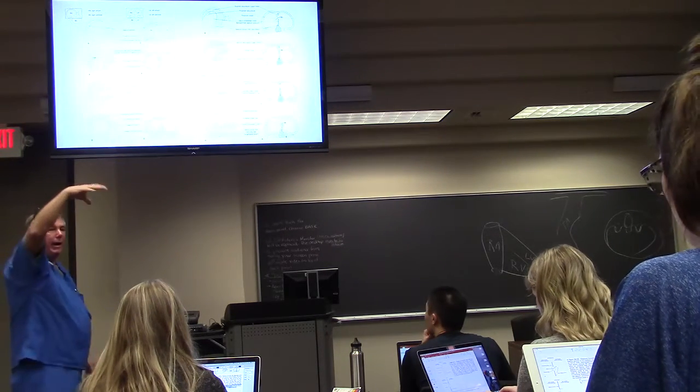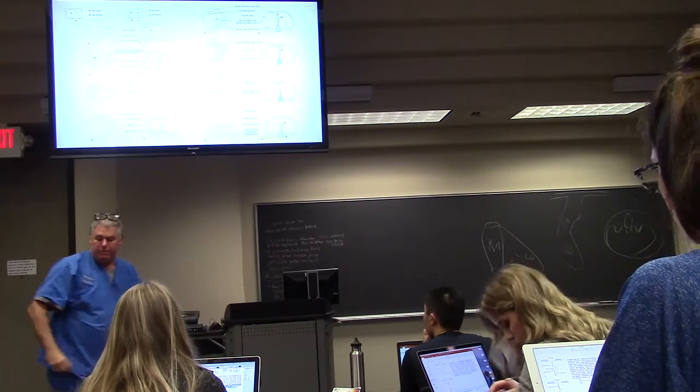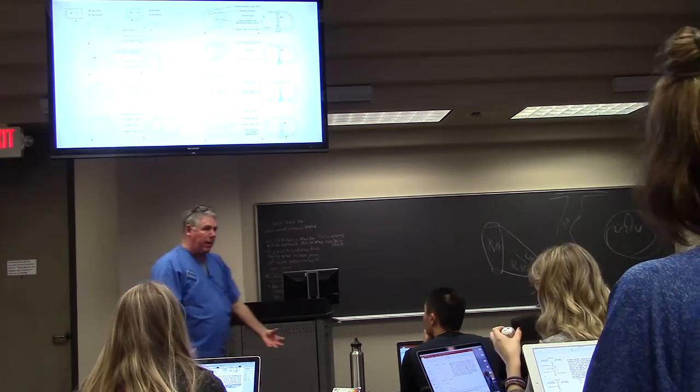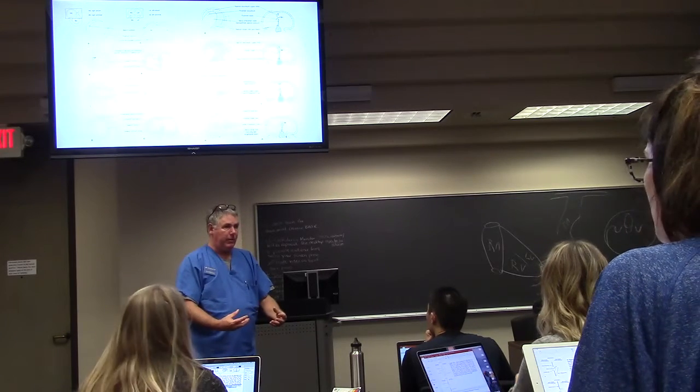You can have a hole high up because of the early, remember, things were coming in from the bottom, right? The vitelline veins, cardinal veins, everything coming in from the bottom.